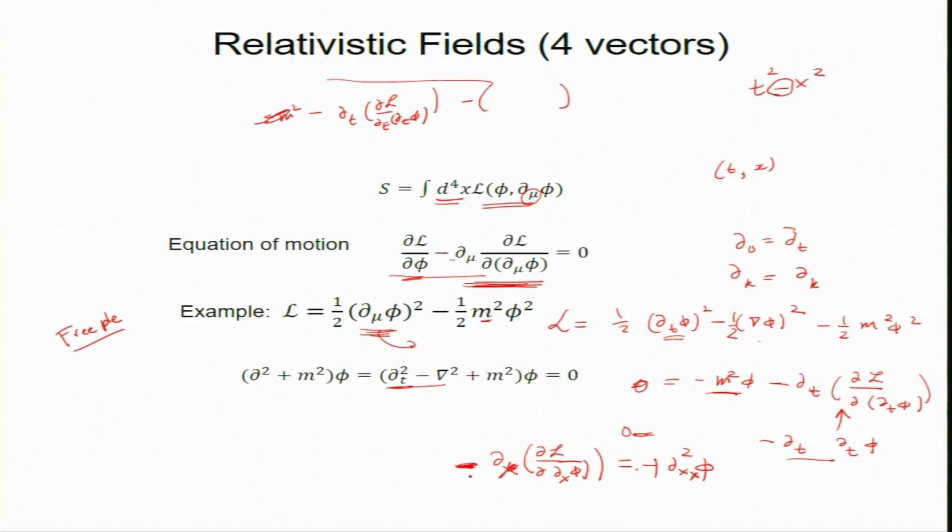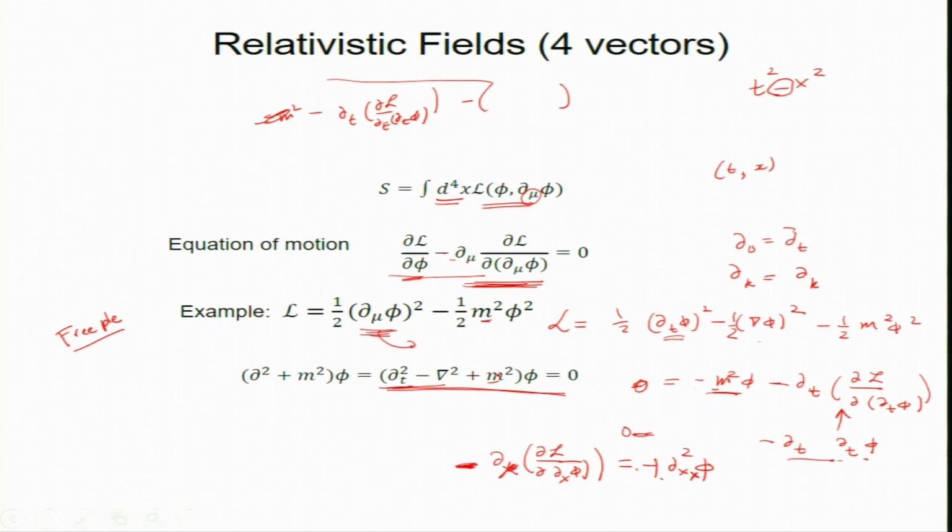The minus is equal to plus, plug that in. I have taken this to the left-hand side, this is minus m squared, so going to the left it is plus m squared. This is minus d by dt, so that becomes plus, and this is plus, it becomes minus. So this is the equation: dt squared minus Laplacian plus m squared, phi is 0.